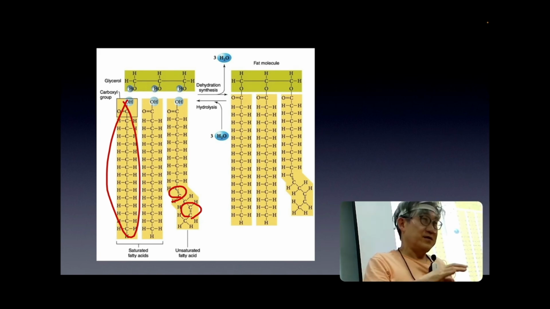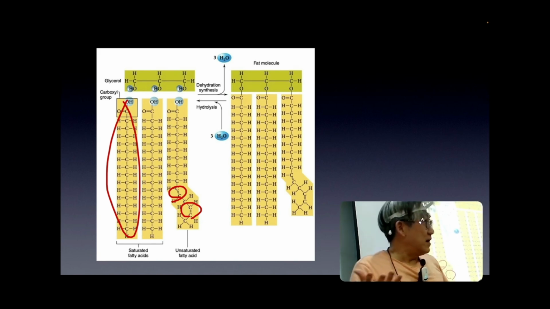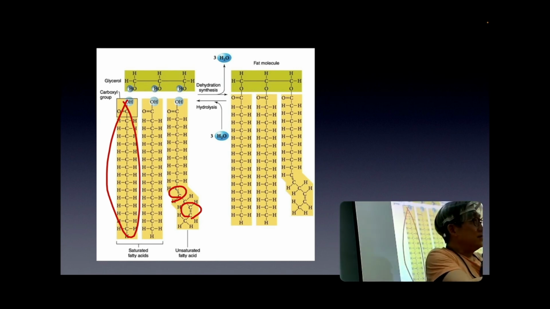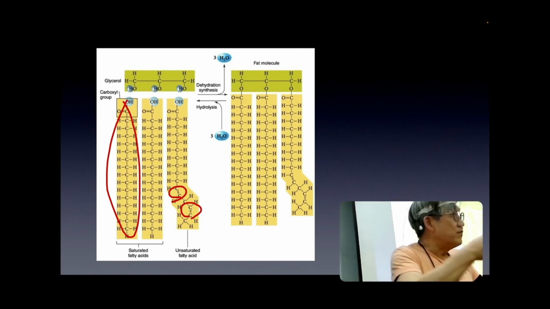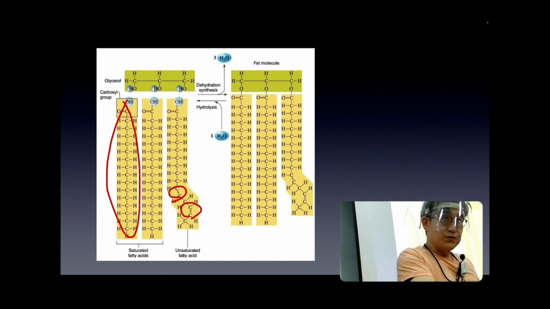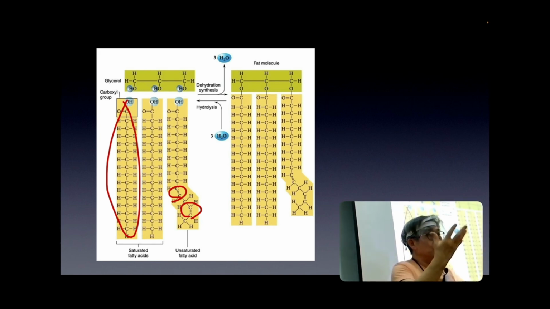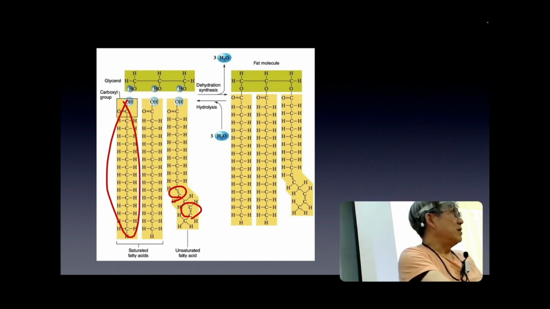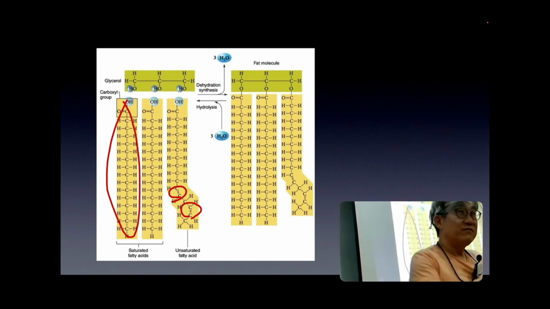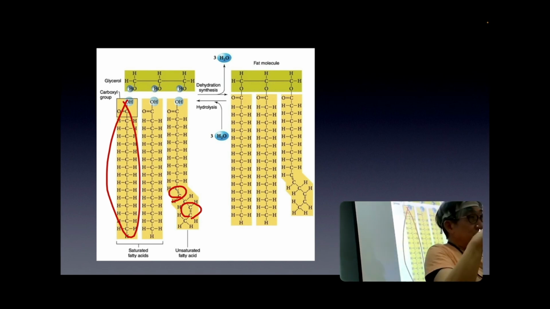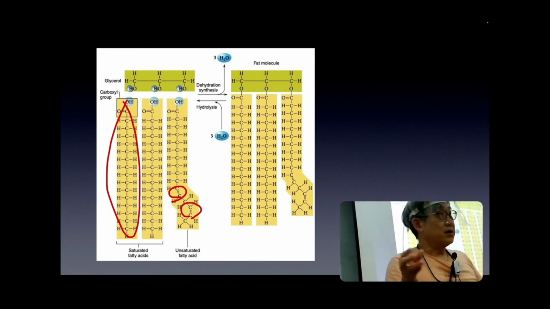Oils are always liquid at room temperature. Of course, if you try hard, you can freeze oils too, but you have to apply very low temperature. At room temperature, oils usually exist in a liquid state. But fats, even at room temperature, are what? Solid. So that's the difference.